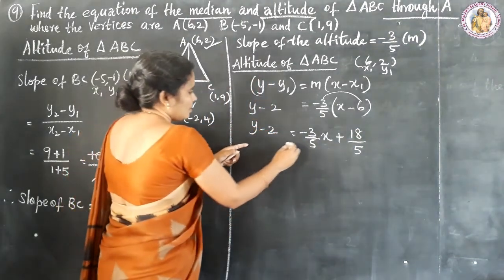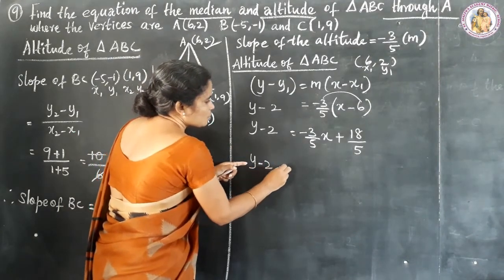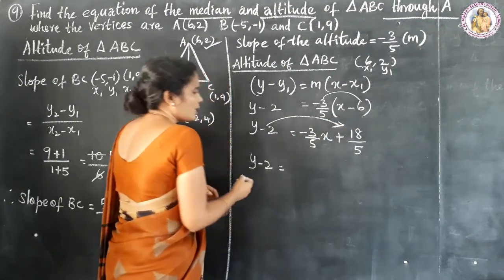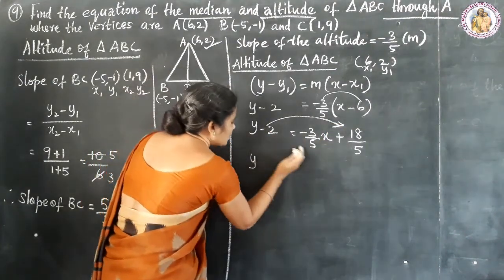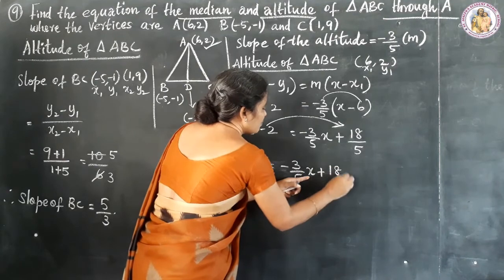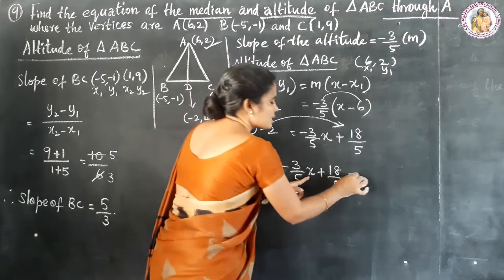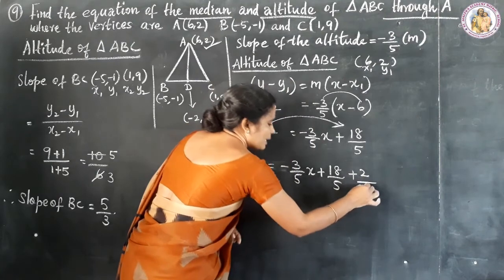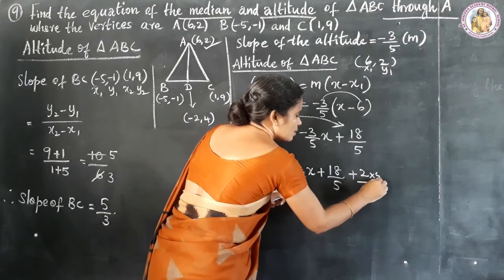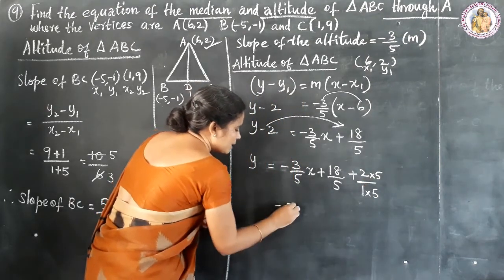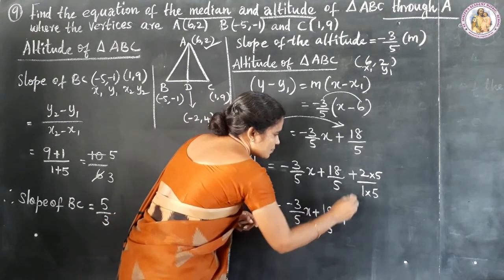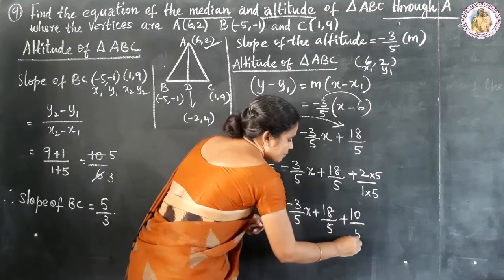Now y minus 2 is equal to minus 3 by 5 x plus 18 by 5. Take minus 2 to the right side and it becomes plus 2. To make it even, multiply both numerator and denominator by 5: minus 3 by 5 x plus 18 by 5 plus 5 twos are 10 divided by 5.